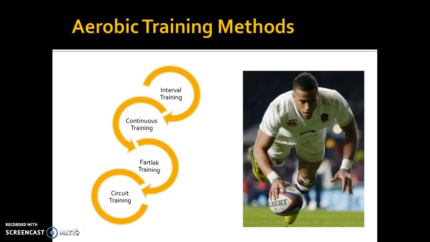Continuous training involves working for a sustained period of time without rest, and this is used in order to simulate aerobic events, like rugby, where there's a stop-start situation continuously, and that means that work rates vary throughout the game, and it's important that a player would be able to keep up a good running intensity for the whole game.